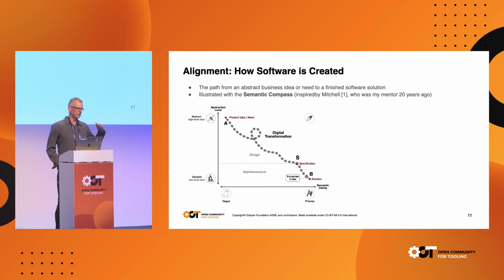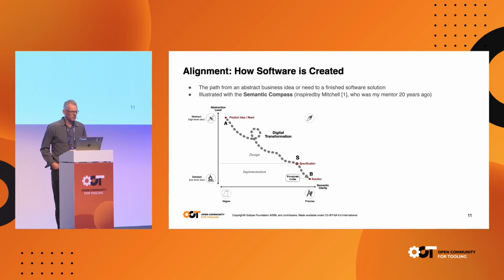The vertical axis is abstraction, so very abstract, a very high flight level at the top, and microscopic details at the bottom. And the horizontal axis goes from very vague to very precise. And you can already see that program code is on that side because it's almost the ultimate definition of precision and detail. It just doesn't get more precise and more detailed than a programming language.